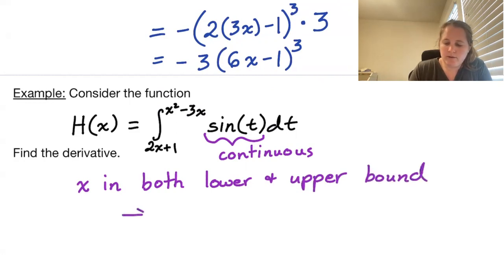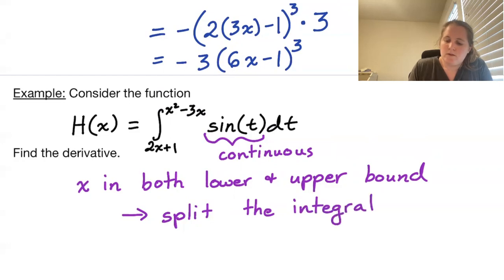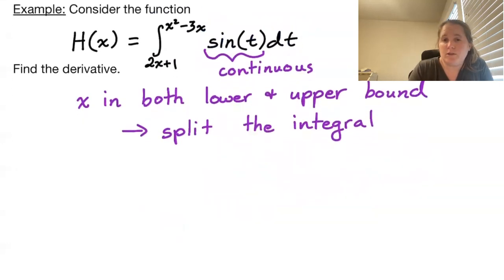And so what we're going to do then is we will split the integral. So I will just split it at 0, but you could use whatever value you want.